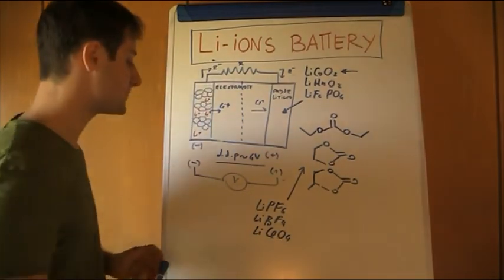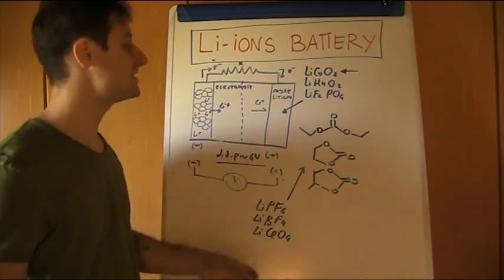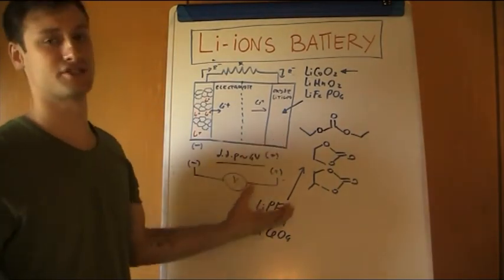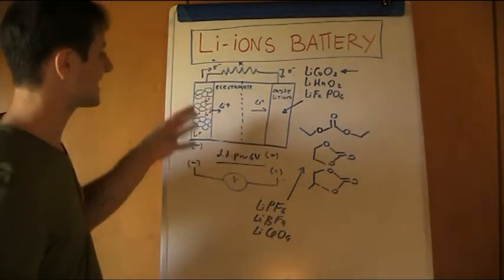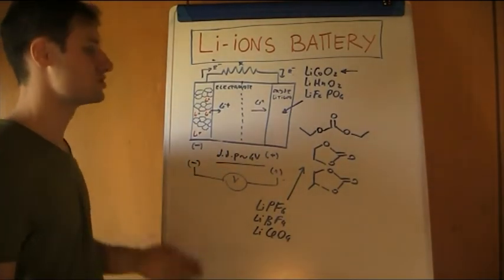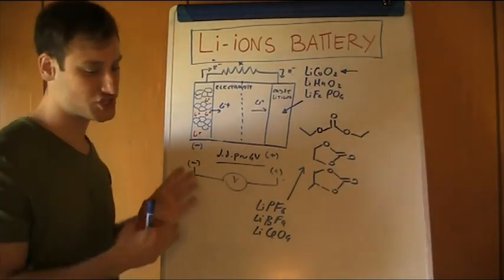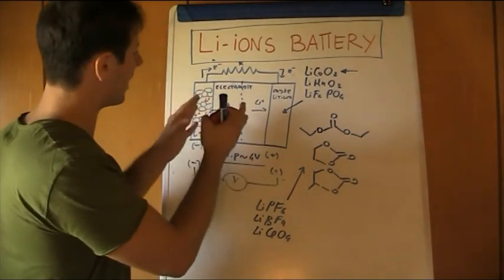So different types of lithium salts, lithium cation complexes, inside this organic solvent. In this case we are creating an electrolyte that is not protic, and we cannot have the generation of hydrogen and explosion. So basically now we have described each single component of our cell.